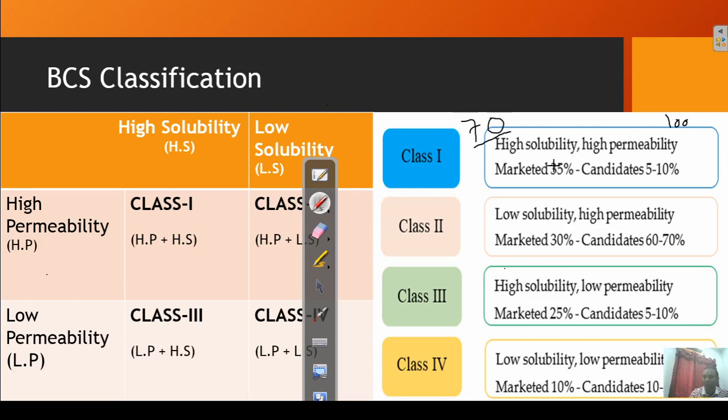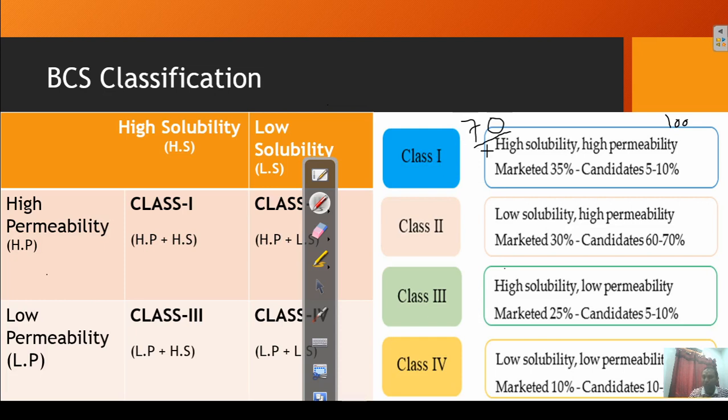So 35% of 70 drugs is almost equal to 24.5 drugs, or we can say almost 25 drugs. Class 1 contains about 25 drugs.